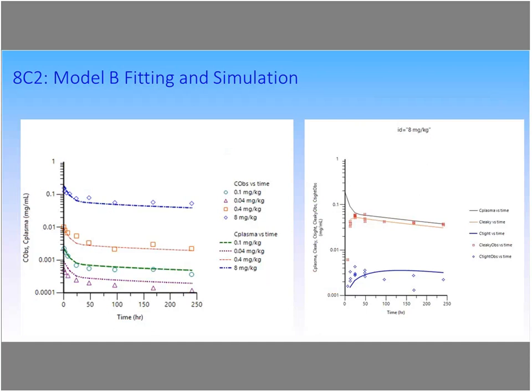We have 4 different dose levels in here, and then model B fits a little better than model A. It is not able to capture the very low dose, and it overestimates the higher dose a little. It goes through some of the time points, it does not for the other time points. However, this is rat data, and we only have the mean data, and it's 4 profiles, and it's animal.